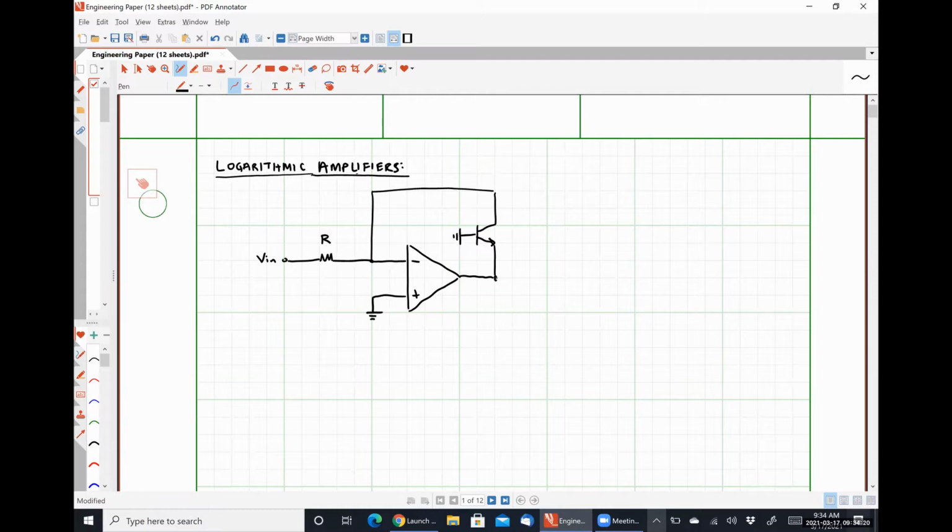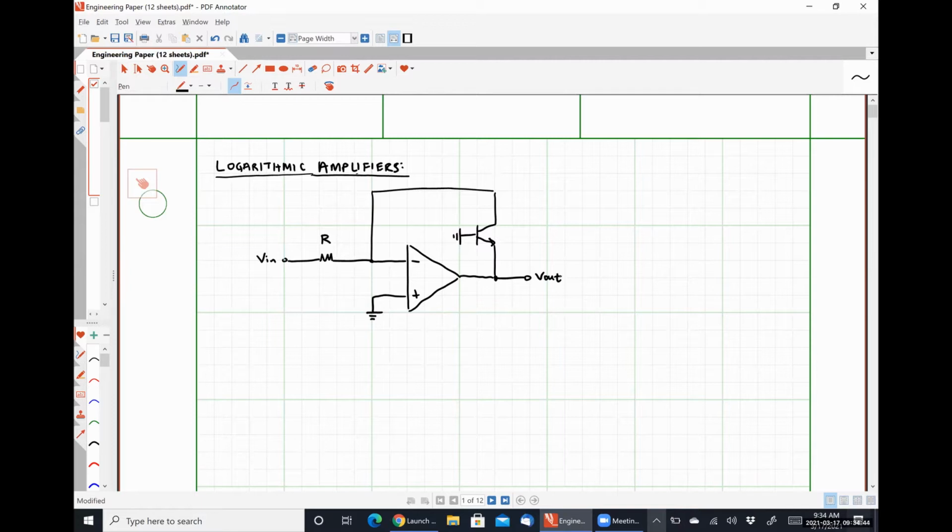And over here is our output. So a logarithmic amplifier places an NPN BJT into our feedback loop. Now we could actually do this with a PNP BJT as well, but the characteristics are going to be a little bit different.